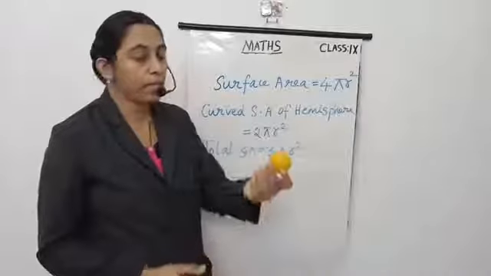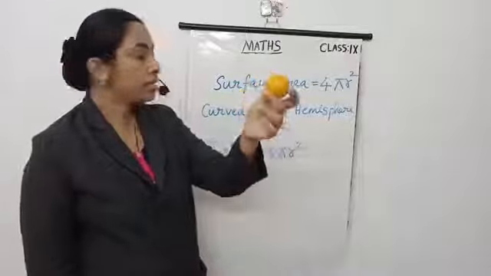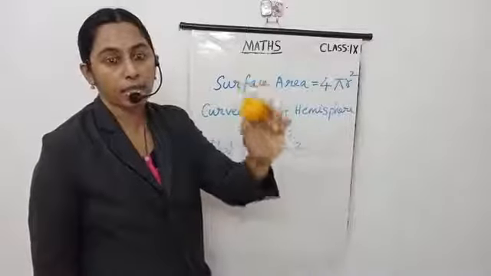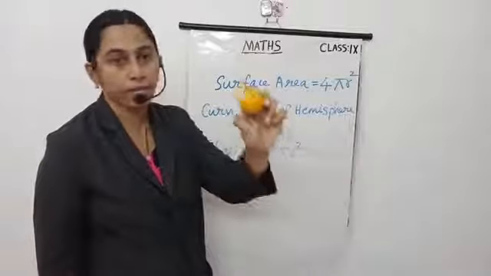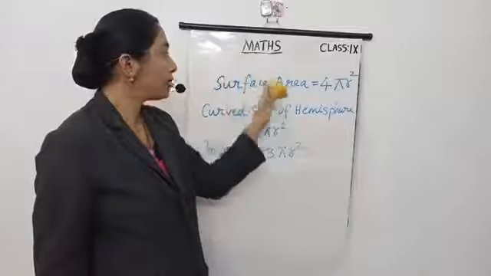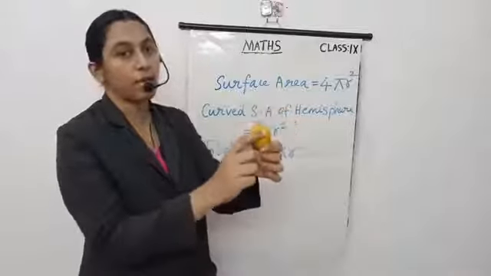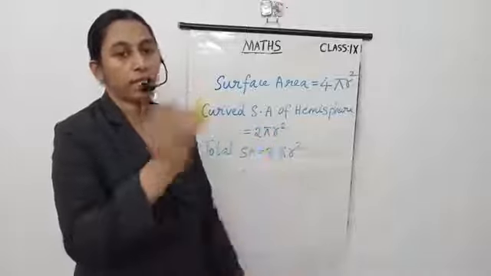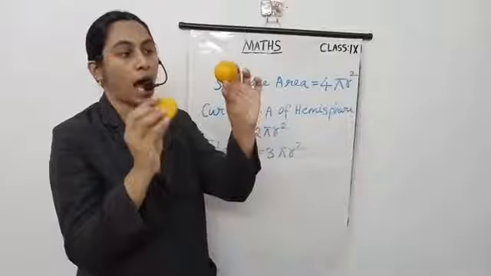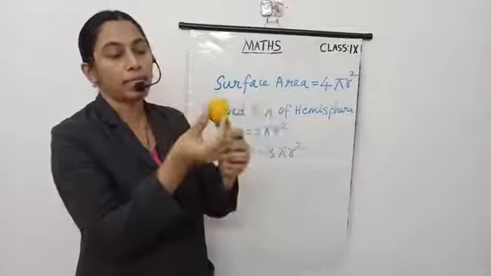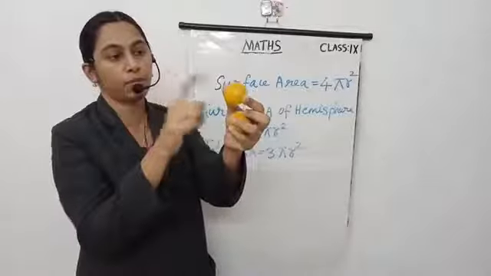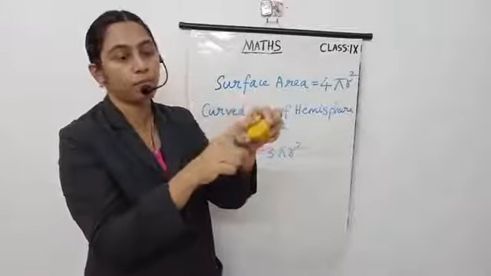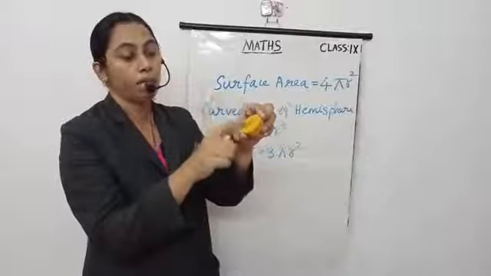So I repeat, this is a sphere. It has a fixed radius and a fixed center. The surface area of this sphere is 4 pi r square, and this is a hemisphere, that is half of this sphere, and it has two surfaces. First is the curved surface and second is this circle-shaped base.